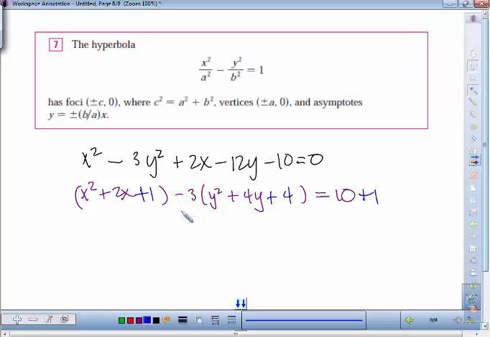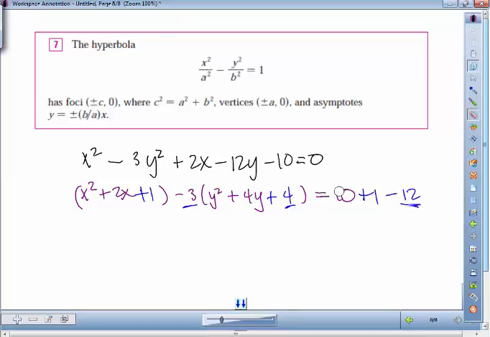Oh, that's still not positive. Damn it. Let's make this 20. Let's change this into something that will make it positive later on. So I added a negative 12. Right? So now I want to change this.